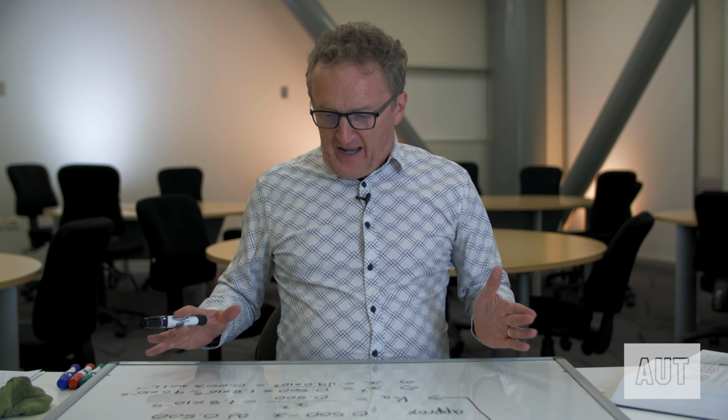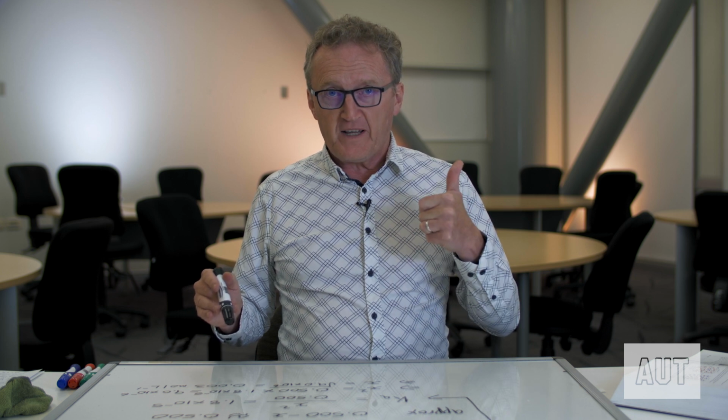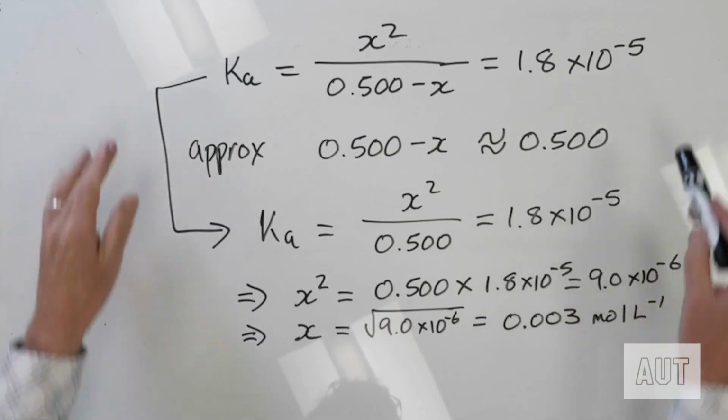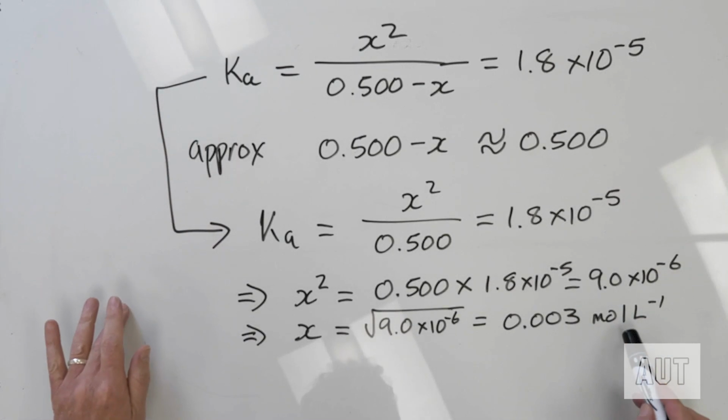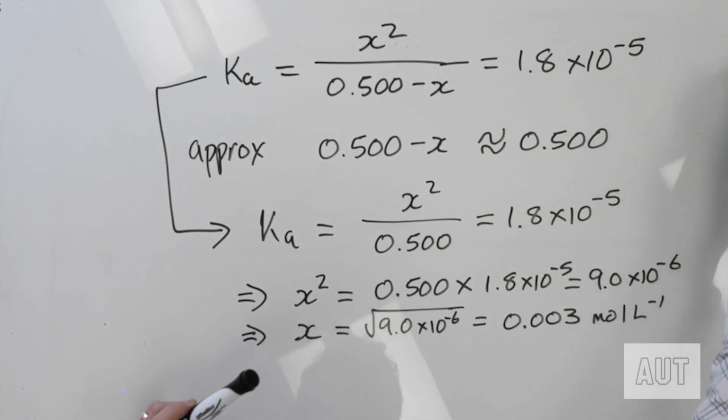Okay, so that's basically the way, or two ways, that you can do these types of problems. You can do them exact and solve a quadratic, or you can make the assumption like this, or you could use an equation.